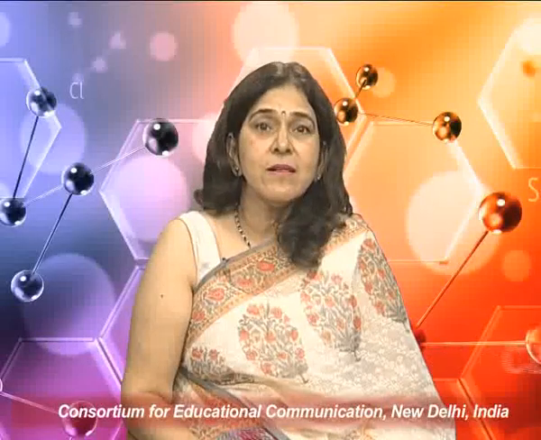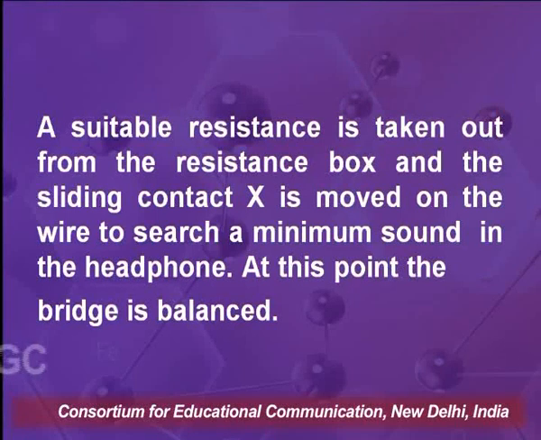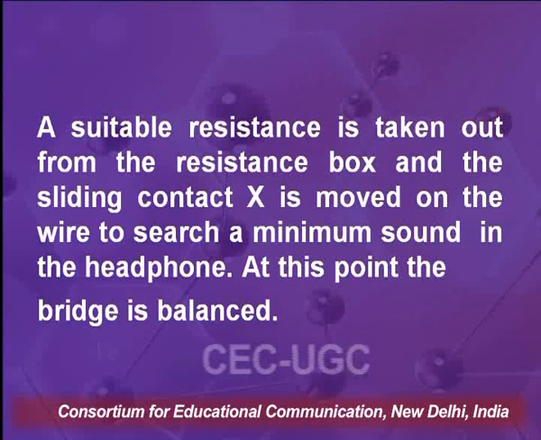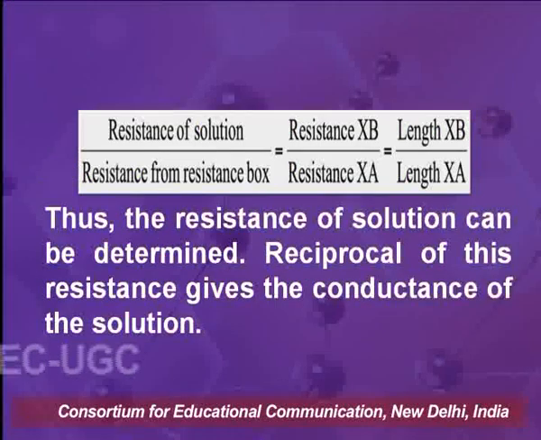A suitable resistance is taken out from the resistance box and the sliding contact X is moved on the wire to search a minimum sound in the headphone. At this point, the bridge is balanced.